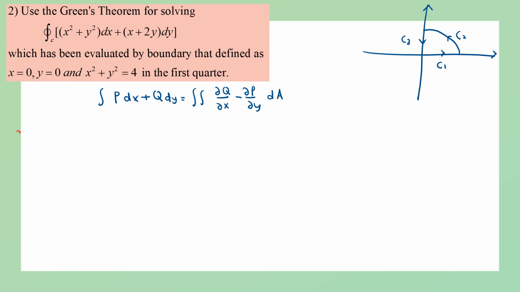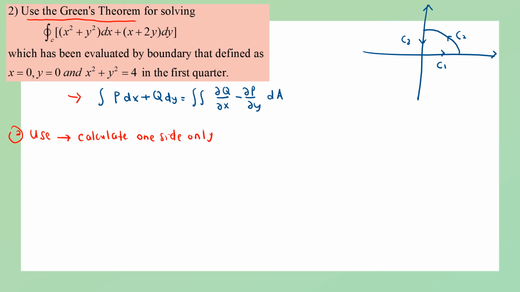Step number 2, you need to refer to the question. The question asks you to use Green's theorem, and when the question asks you to use it, you have to calculate one side only. Which side? Look at the question. Before that, you know that this is the formula for Green's theorem.